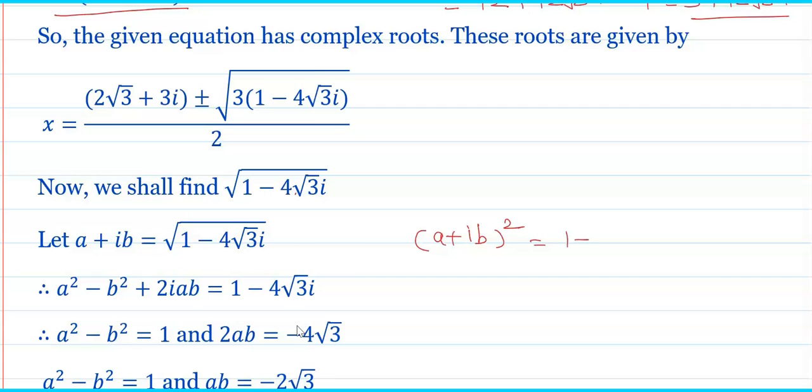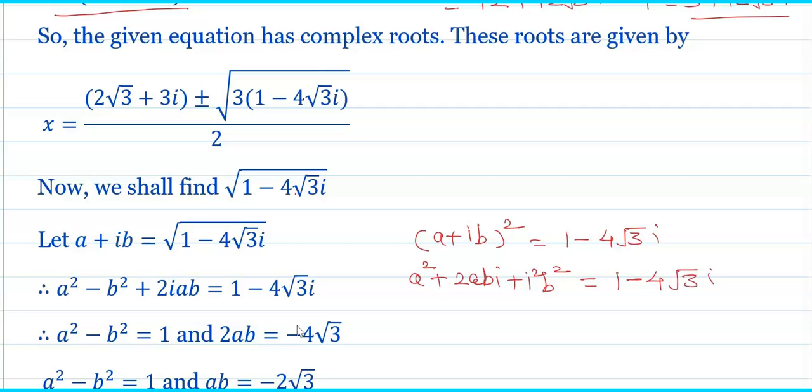You will get 1 minus 4 root 3i. Expansion, what is that expansion? A square plus 2abi plus i square b square, and that is equals to 1 minus 4 root 3i.